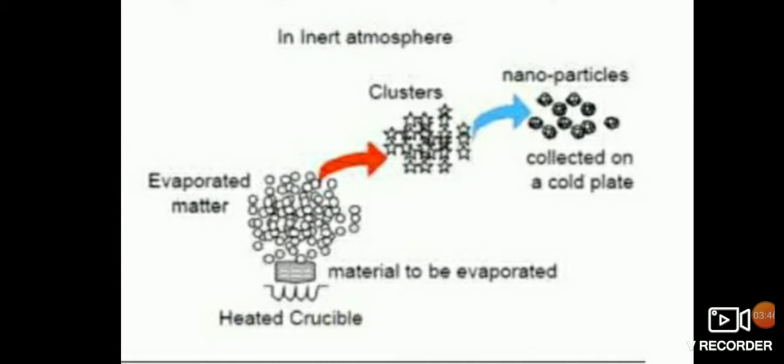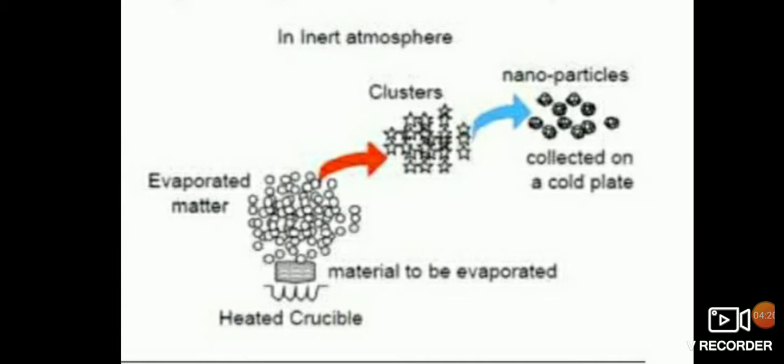To carry out reactive synthesis, materials with a very low vapor pressure have to be fed into the furnace in the form of a suitable precursor such as organometallics, which decompose in the furnace to produce condensable material. The hot atoms of the evaporated matter lose energy by collision with the atoms of the cold gas and undergo condensation into small clusters.